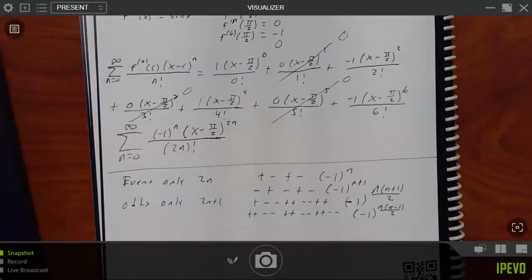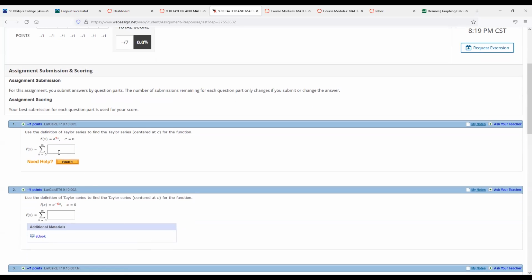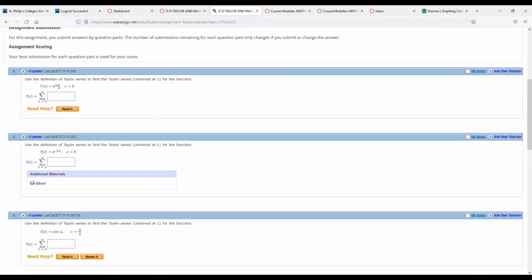So we can take a look at the homework. All right, so I'll start off pretty similar to the first example, right? Except this one will be centered at 0, so it'll be a little bit easier. Take about 3 or 4 derivatives so you can see the pattern, plug in the 0, and then expand it a little bit and create your f.